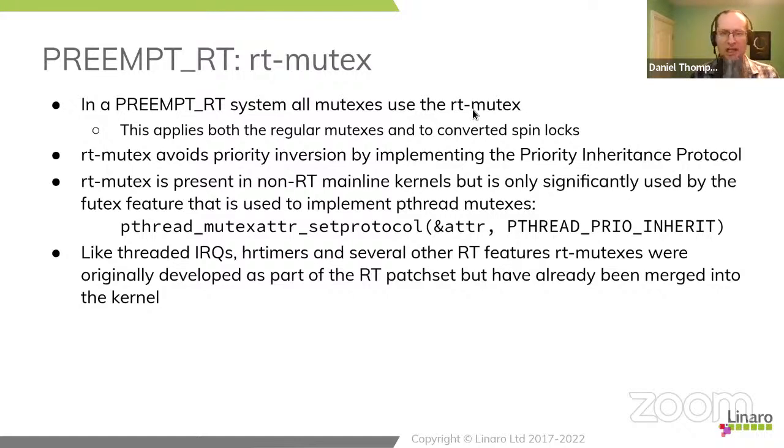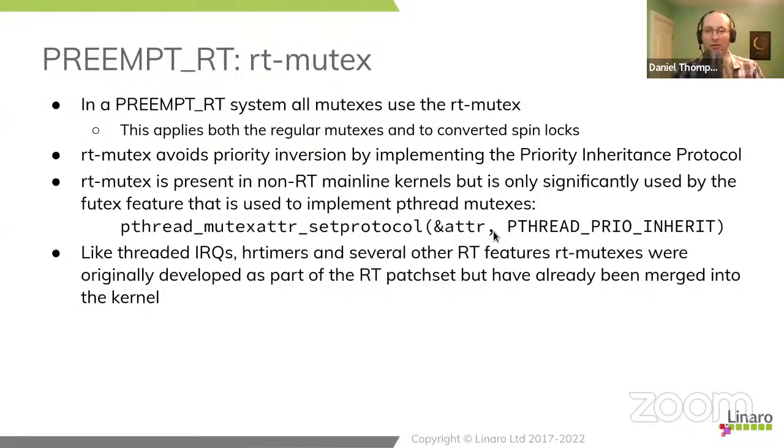RT mutexes is yet another feature that grew up in the RT kernel, but was merged into the mainline kernel a long time ago. The reason it finds a use in the mainline kernel is that it's used as part of the implementation of futexes, fast user space mutex. The futex feature is used by the C libraries to implement pthread mutexes.